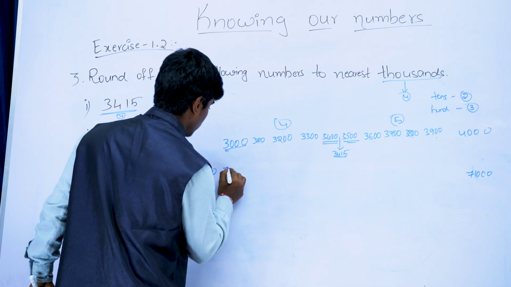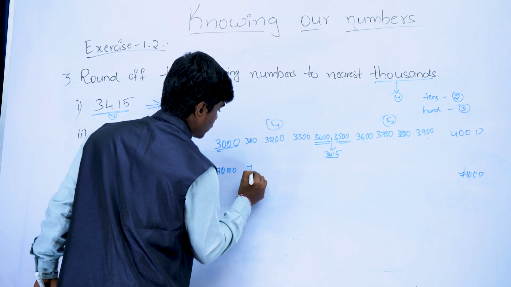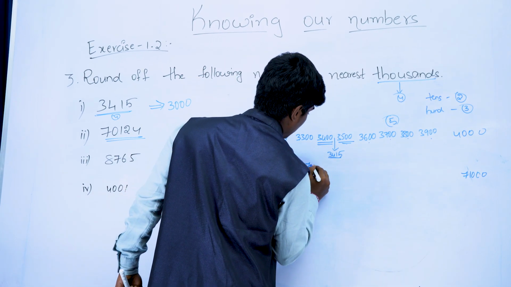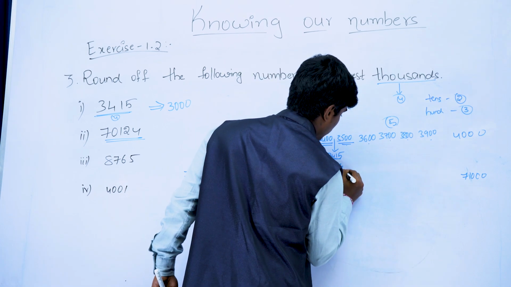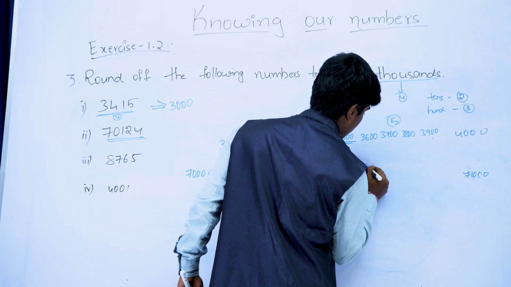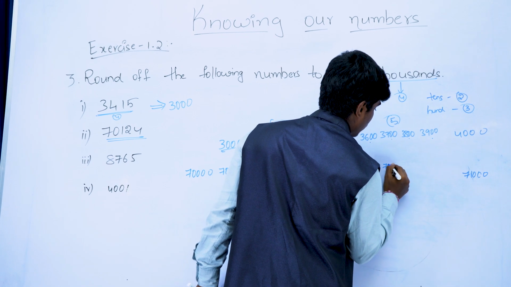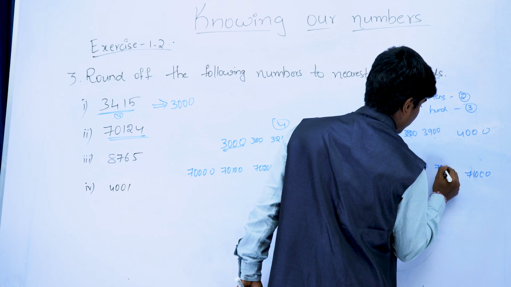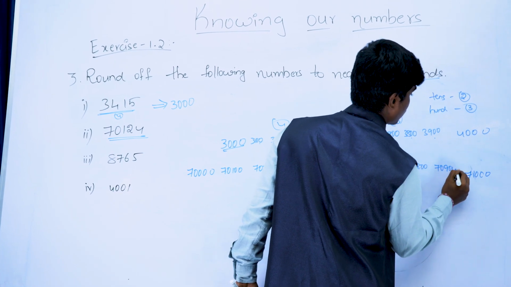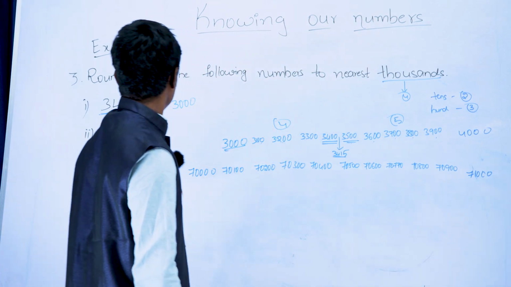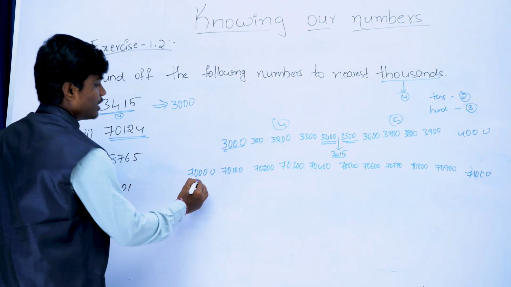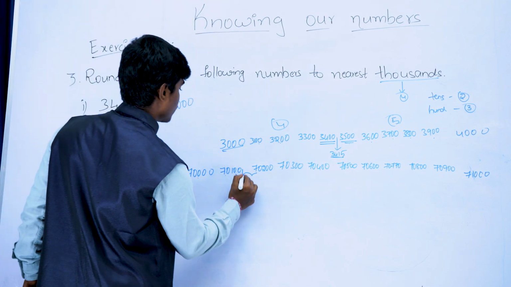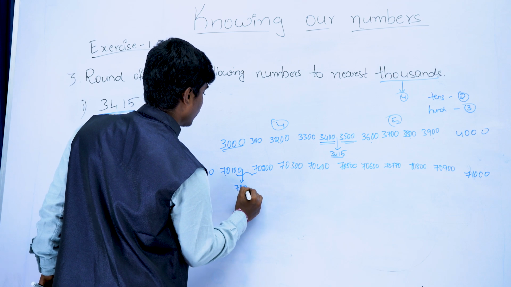See, here 70,100, 70,200, 70,300, 70,400, 70,500, 70,600, 70,700, 70,800, 70,900 and 71,000. 70,124 lies between 70,100 and 70,200.